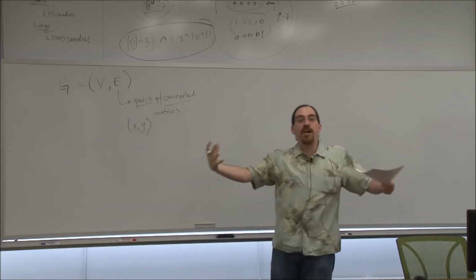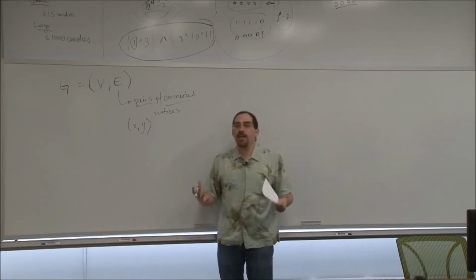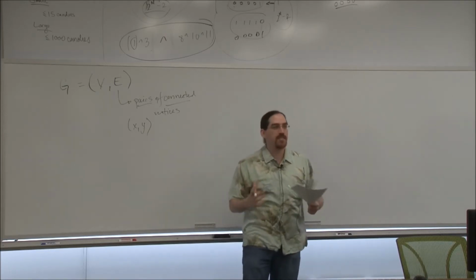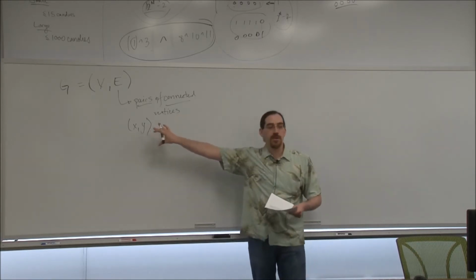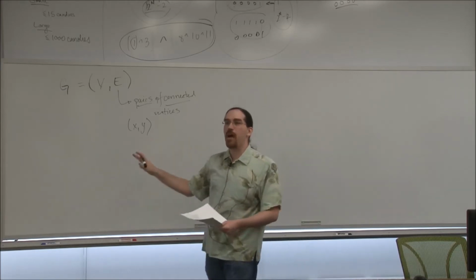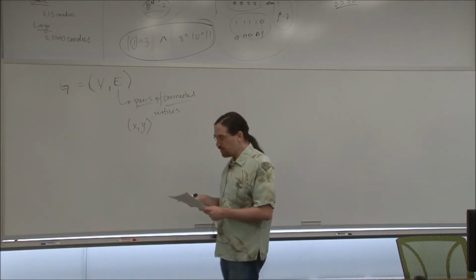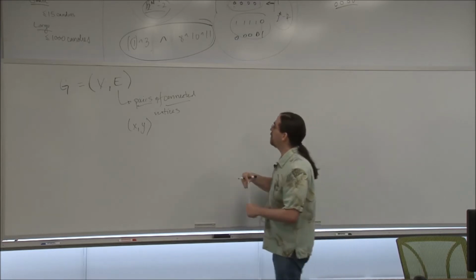This is a very broad definition, and that broadness is what makes it useful, because we can model lots of different kinds of problems in that way, reduce them to a graph, and then solve them using the same kinds of algorithms. Okay, so let me draw a sample graph.